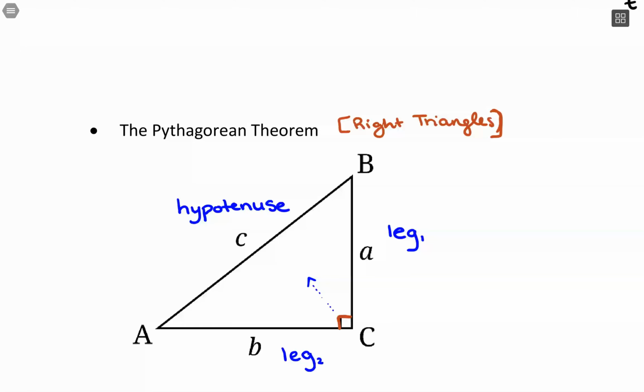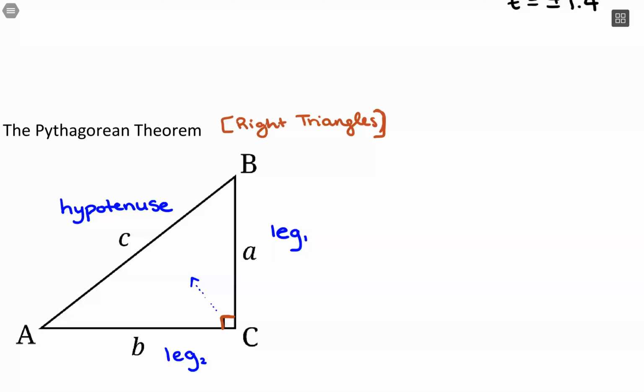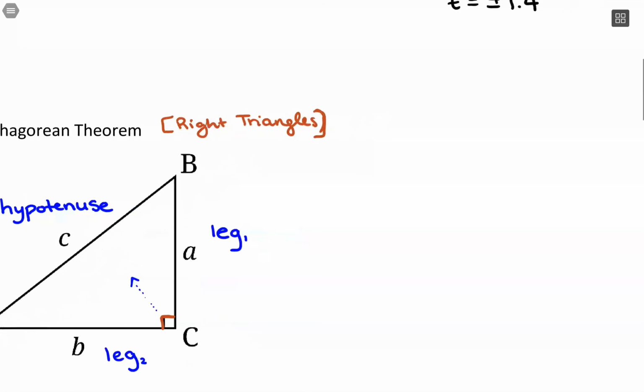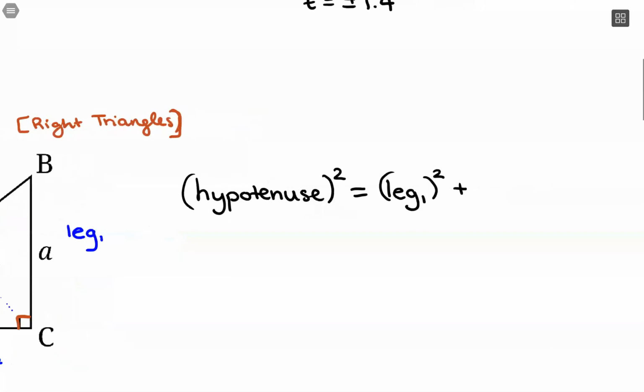So when we have a right triangle, there's a property that relates our side lengths. This property tells us that if you take the hypotenuse squared, and I'm just going to write this out in words for us, the hypotenuse, if we square it, is going to be exactly equal to the sum of each of the legs squared. Meaning, if we take leg 1 and square it, and add it with the other leg squared, it'll be completely equal.